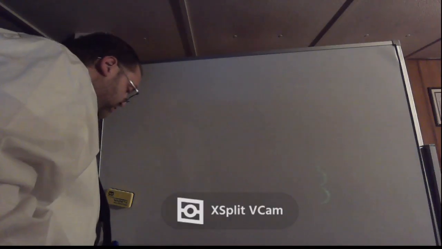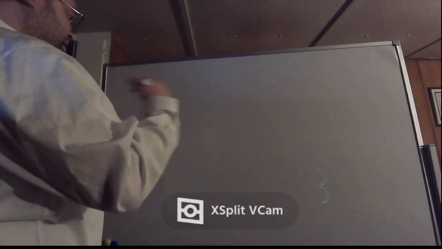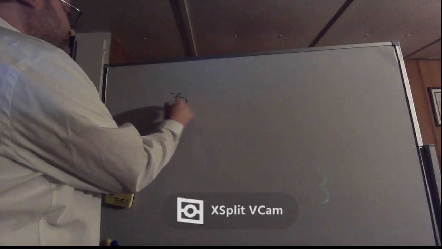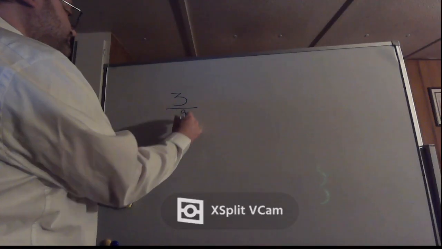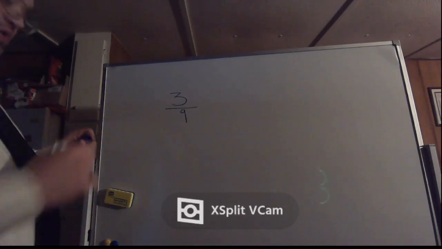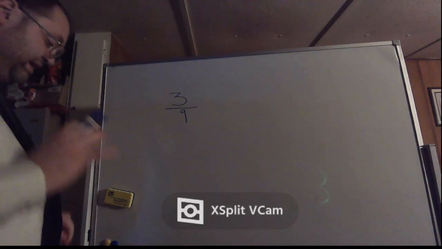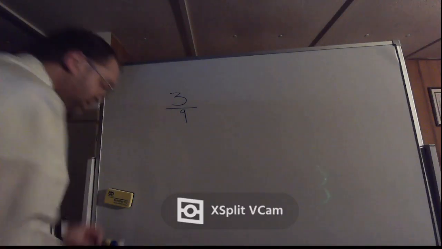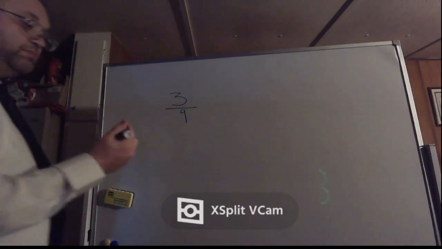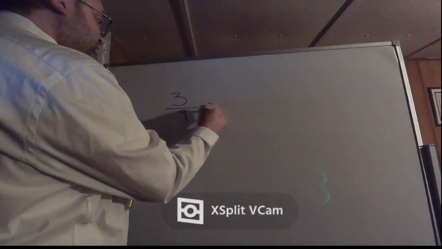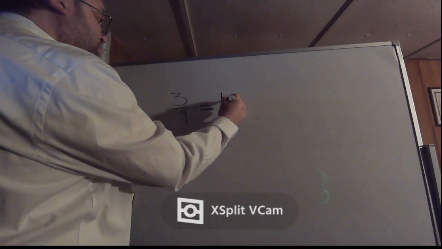Well, let's try another one. How about 3/9? Are there any common factors we can factor out and reduce it to its simplest form? Yeah, we can. Factors of 3 are 1 and 3.